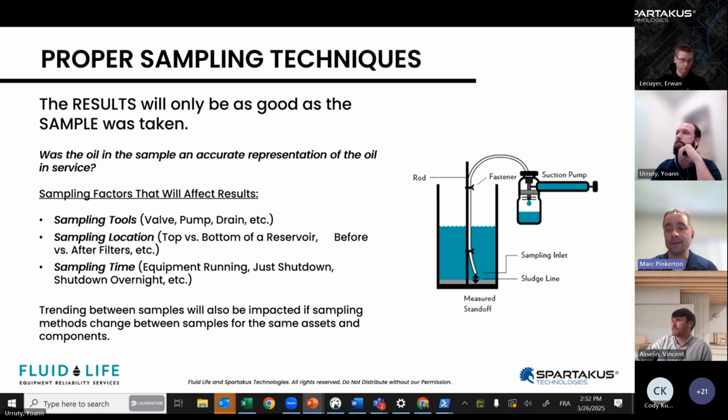You might be surprised at how little debris it takes to turn a healthy report into a flagged report. So we want to limit the variability from the sampling process itself when we're considering trending results. That's the main message here: establish a good tool, a good method, and then just repeat that over and over to the best of everyone's ability.